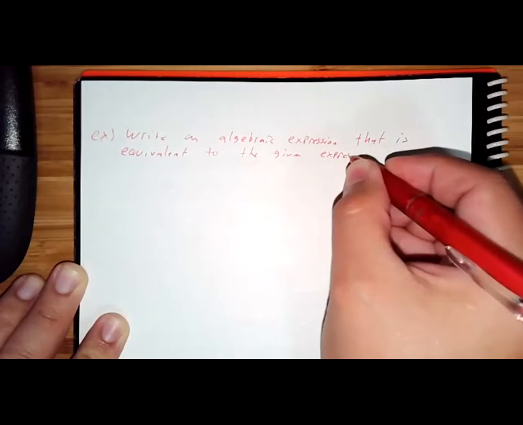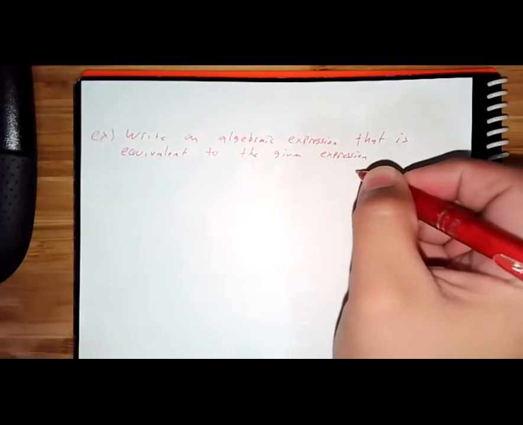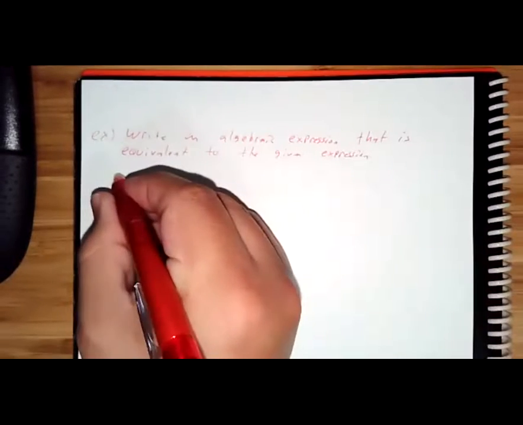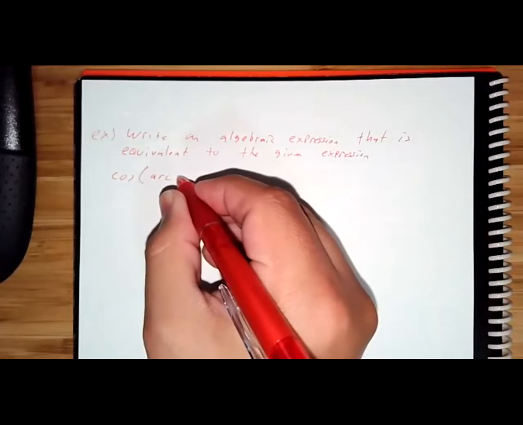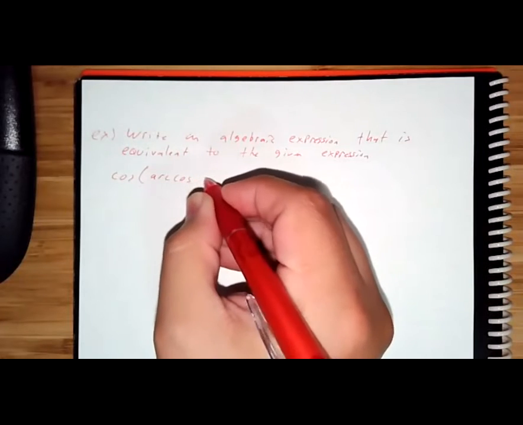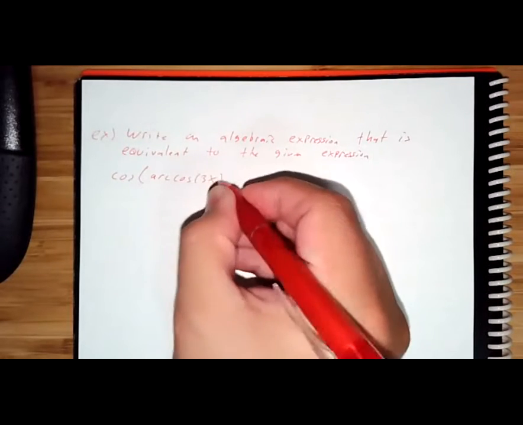So basically we need to create triangles to help us out. So cosine of arc cosine of 3x.